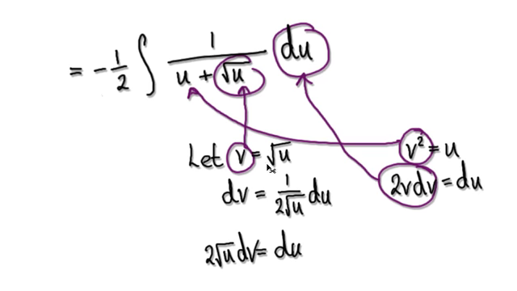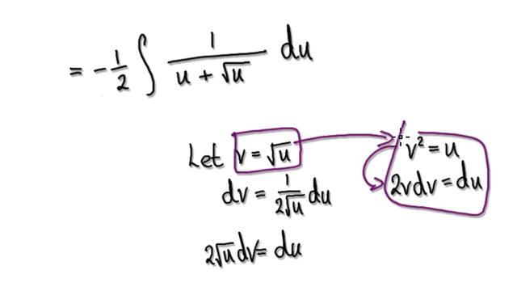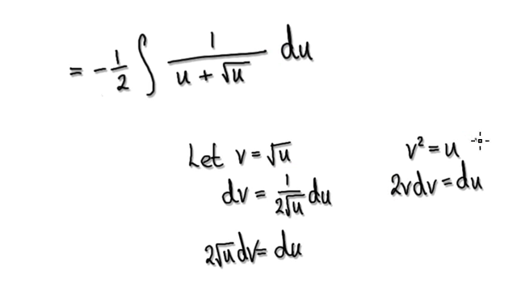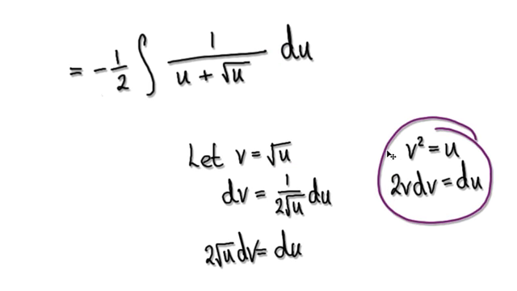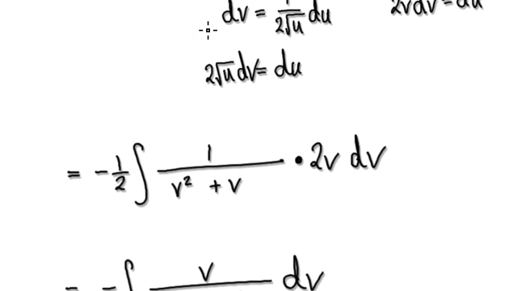So it's up to you how you do it. Use whichever way you want. This way seems to be neater. Well, anyway, substitute everything into here, then it will become this.